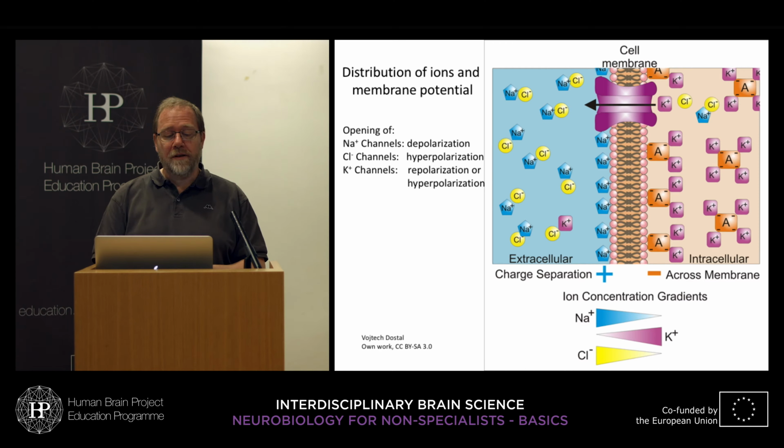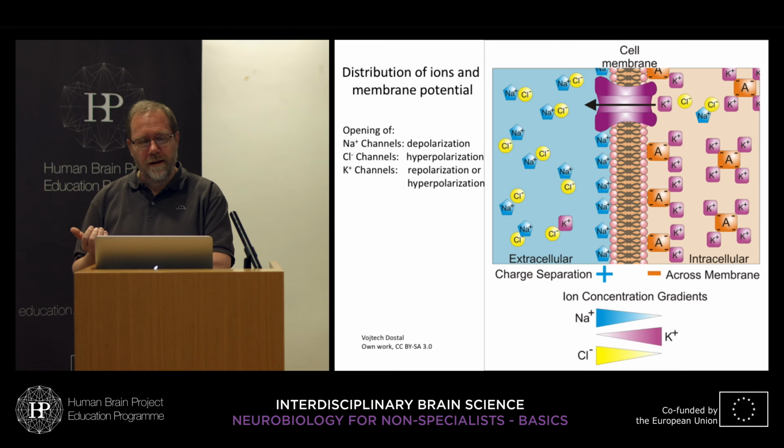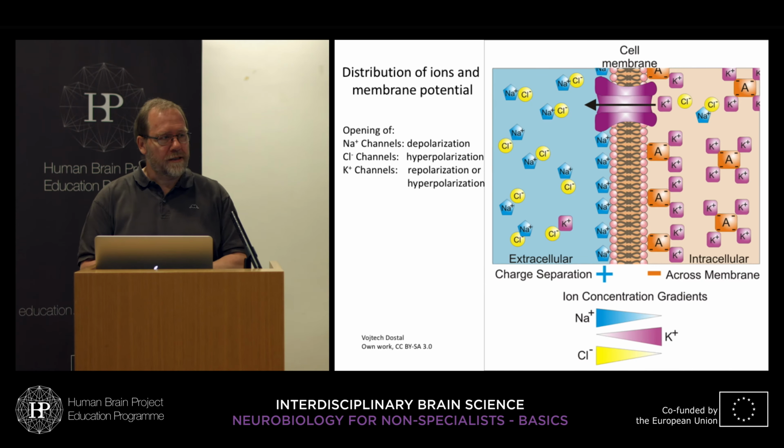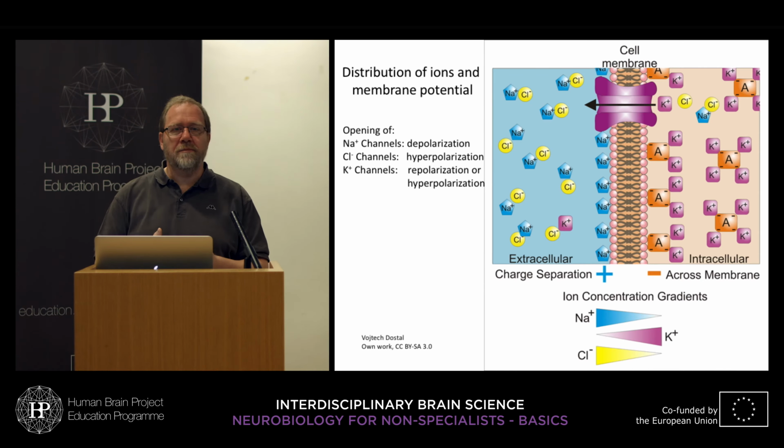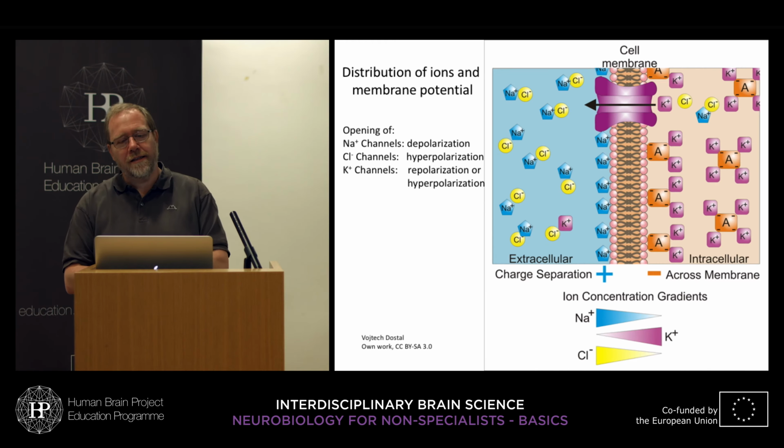What actually happens if we open a sodium channel is that sodium fluxes from the outside of the cell to the inside, which produces a depolarization. And depolarization is basically the signal propagation. It sends on the signal, it might induce a new action potential, it might simply lead to signaling. If we open a chloride channel, then negative charge will run from the outside of the cell to the inside.